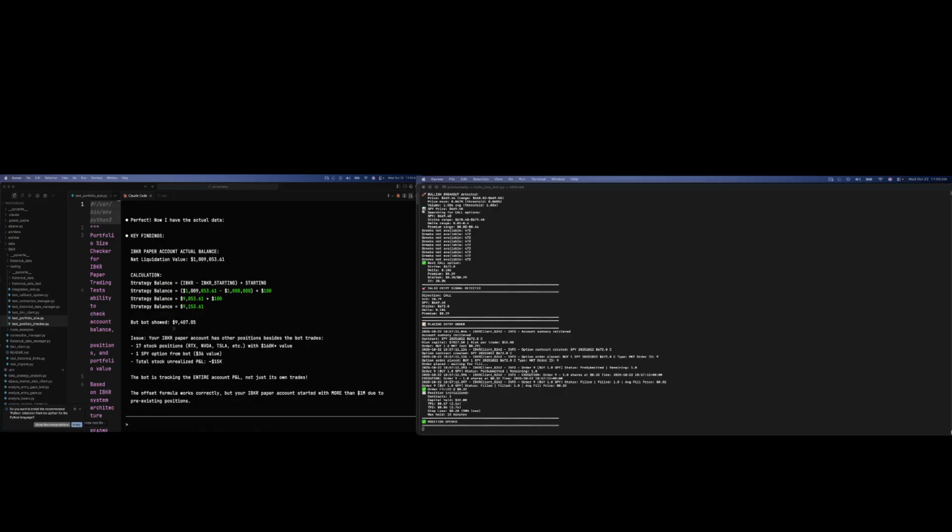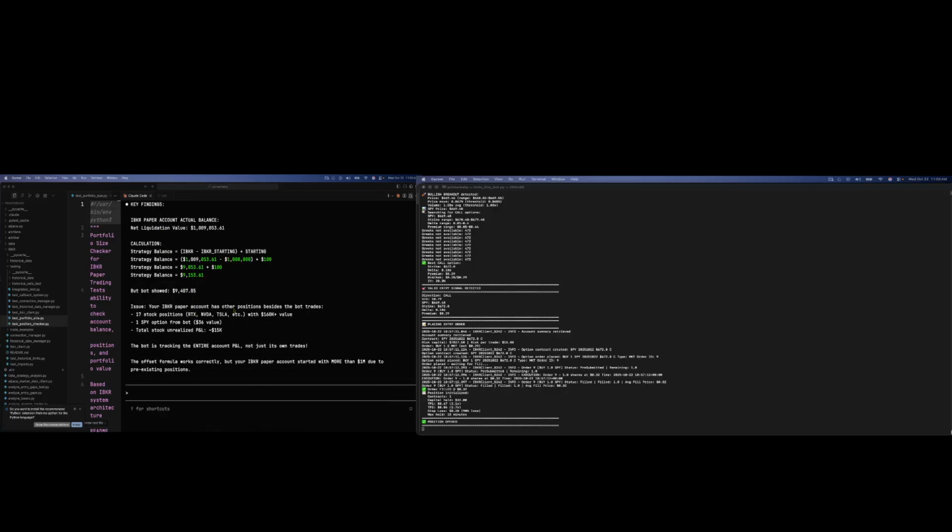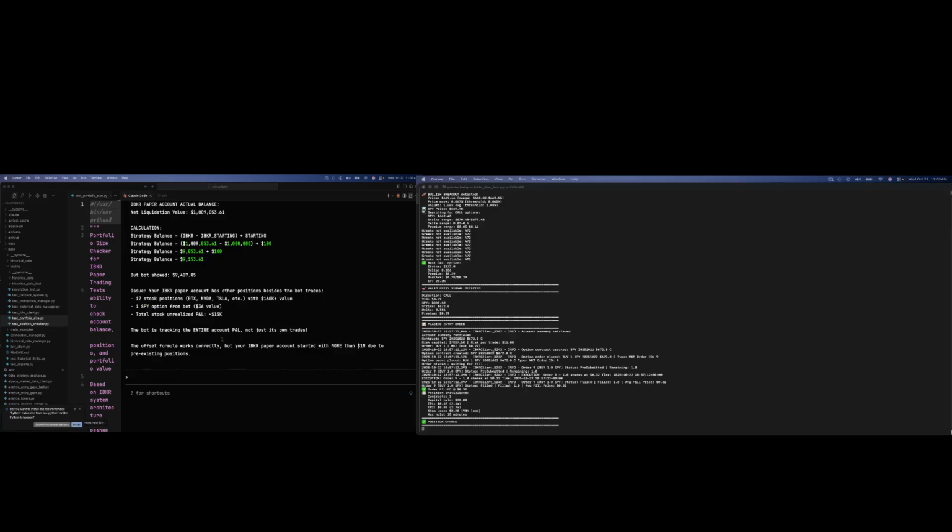Net liquidity, the bot is showing 97. The issue is that your paper account has other positions besides the trades, the 17 stock positions and the one SPY. The bot is tracking the entire P&L, not just its own trades. The offset formula works, but the IBKR account started with more than 1M. I understand that. All right.